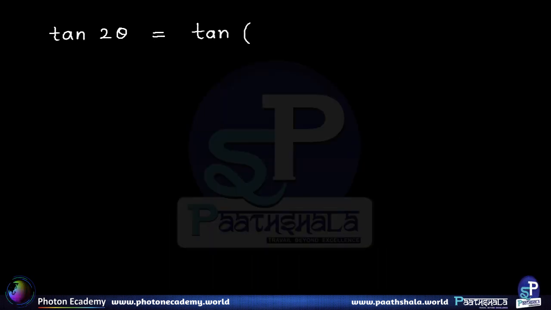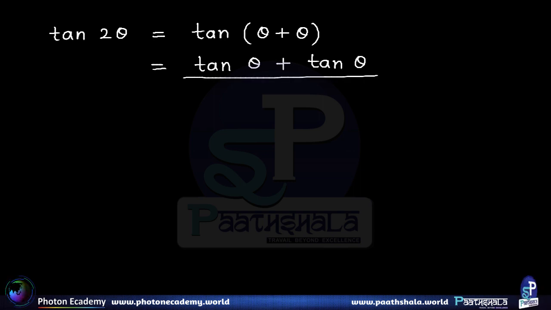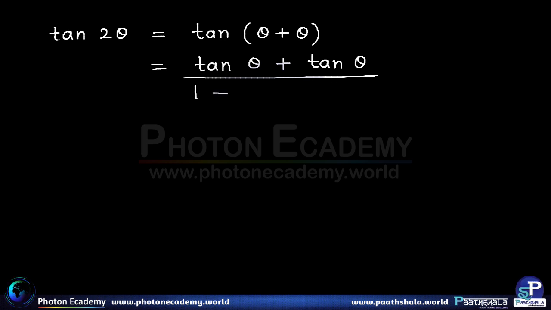Let's go ahead to the double angle formula for tan 2 theta. Now we know the expansion of tan of a plus b, so on similar lines we write this as tan of theta plus theta, and tan of a plus b is tan a plus tan b, that is tan theta plus tan theta, upon 1 minus tan a into tan b.